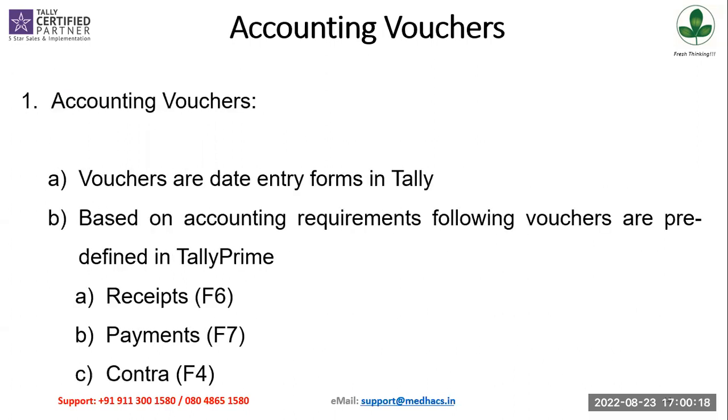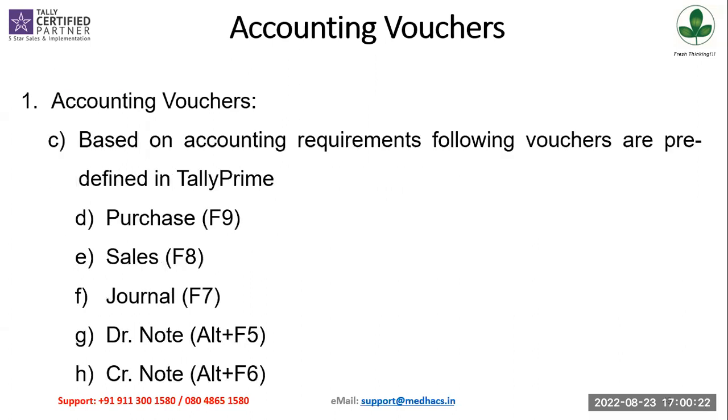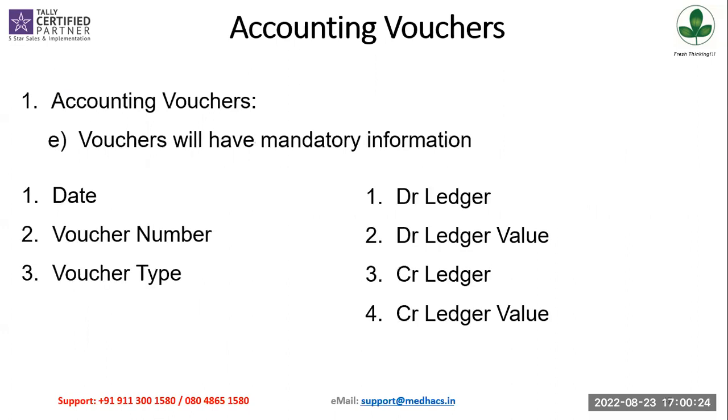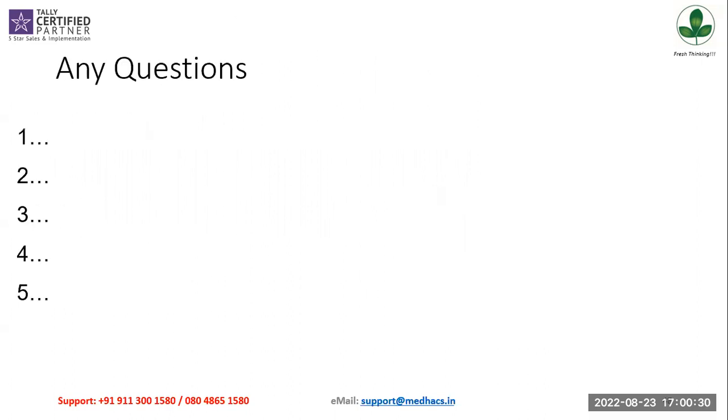We looked at vouchers, what a voucher is, what mandatory information is required to make a voucher, and how to enter and save vouchers. So we have come to the end of today's topics of discussion.